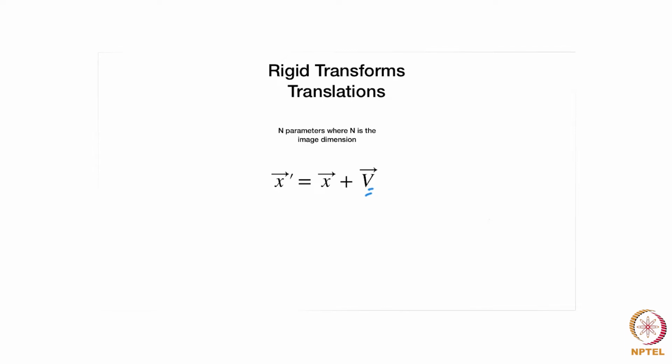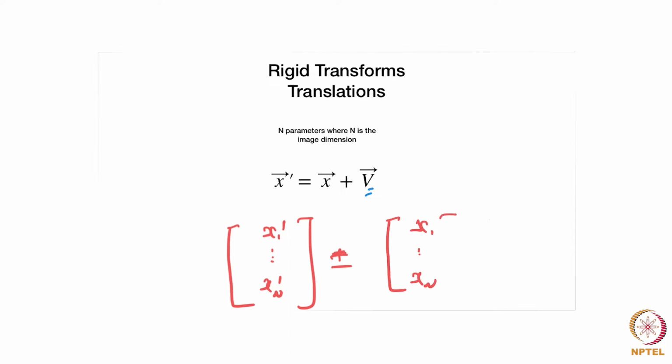So if we write it in its more general form, we will have x1 prime up to xn prime for an n-dimensional image, equal to x1 to xn plus v1 to vn. Right, so this is the most general form in which you can write this.